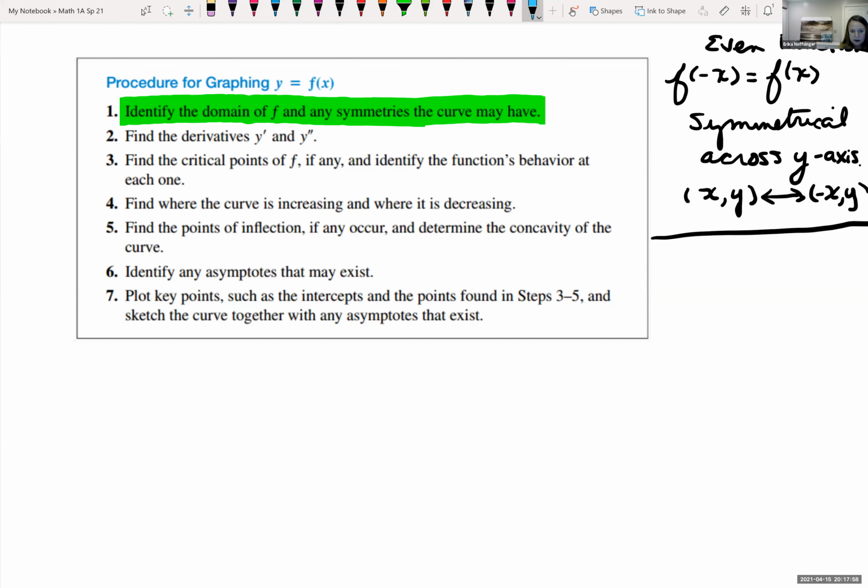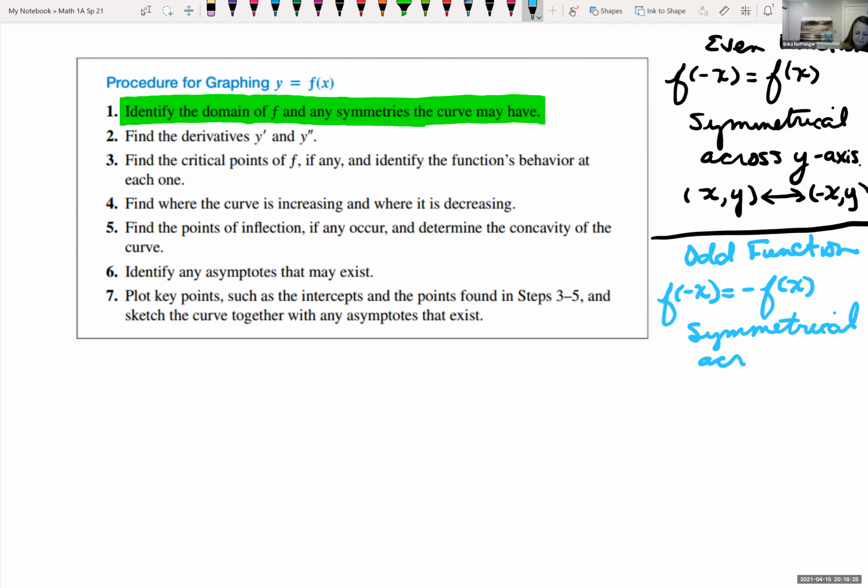Same sort of idea with odd functions. Recall, if you plugged in negative x wherever you saw an x in your original function and it gave you back the negative of your y value, this was symmetrical across the origin. Basically, if you folded your paper along the x-axis and the y-axis, there would be a mirror image.